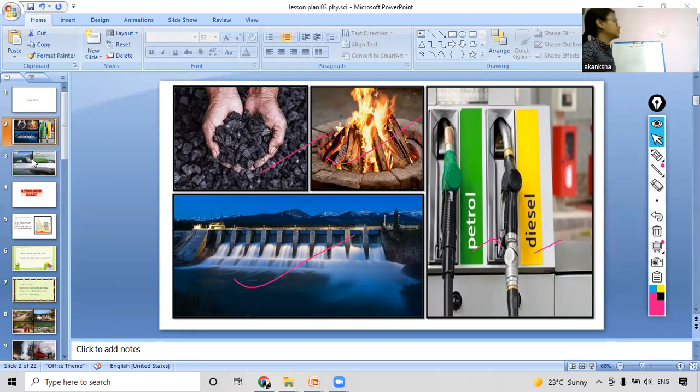Which can be used again and again? Yes, very good. Conventional sources of energy are those types of energy which we can use again and again. Yes, very good. So can you name some examples of conventional sources of energy, based on these pictures and your explanation?